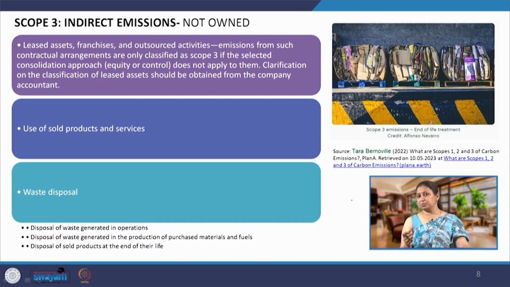Now, this waste could be generated as part of the operations or as part of the manufacturing and production or any other thing, but all the emissions resulting from waste disposal and processing, they will also be counted in the scope 3 emissions.